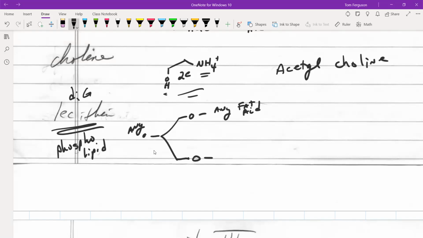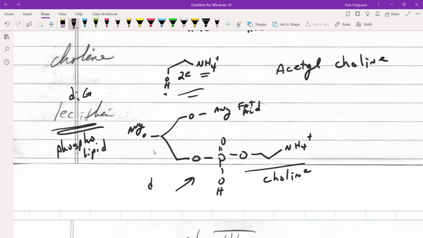However, the bottom one here, so that's choline.